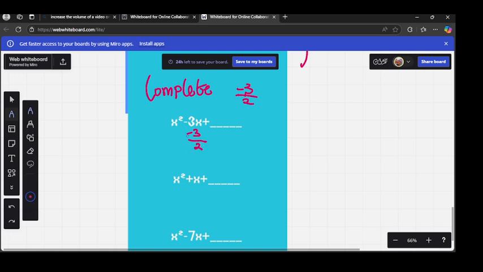So now I will square this and add it to make the perfect square. To make this a perfect square, it should be minus 3 over 2 all squared. Now what is this a square of? It is the square of s minus 3 over 2.